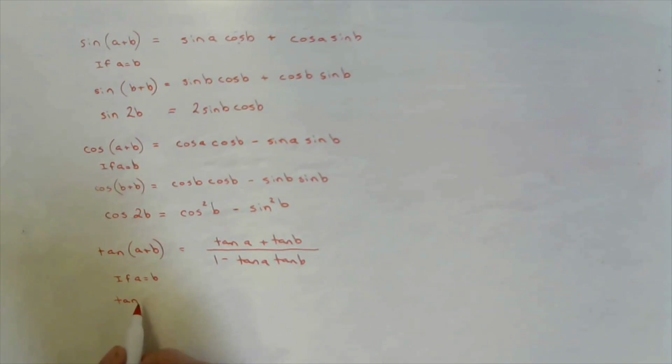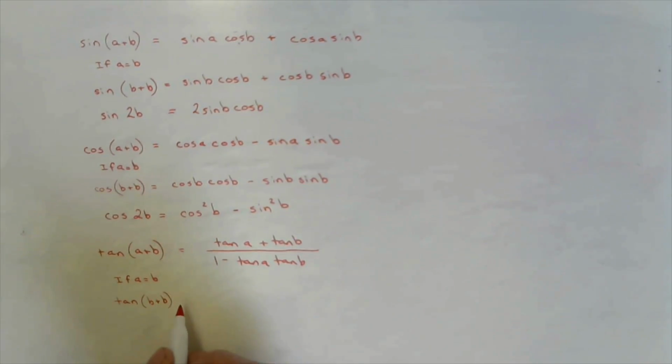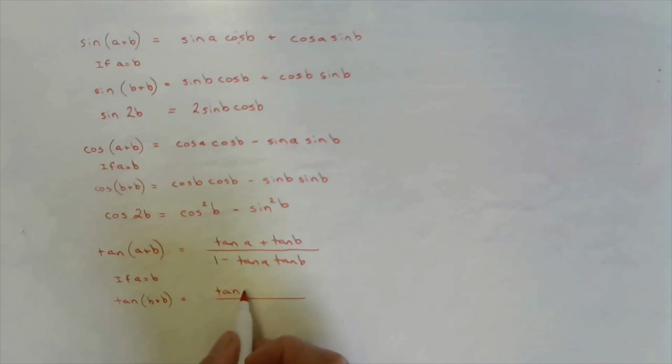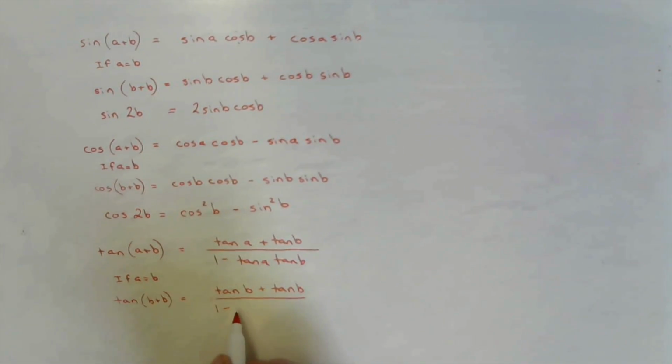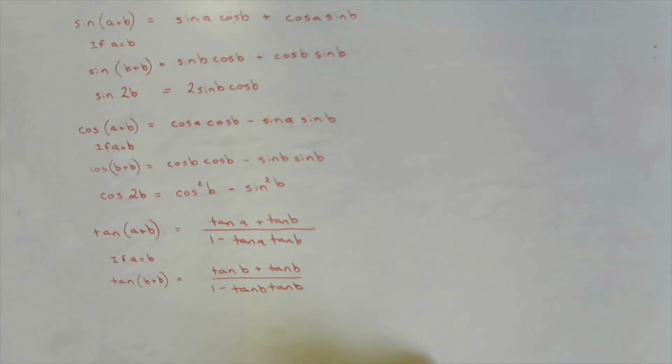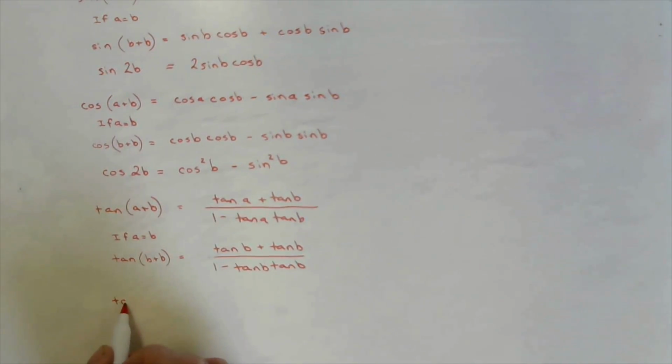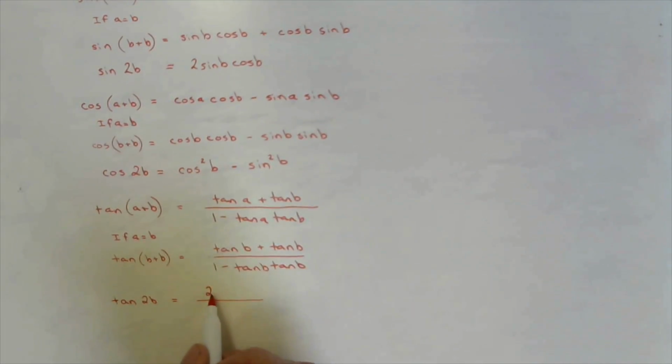Then you have tan of B plus B equals, and on the right-hand side, the tan of B plus the tan of B in the numerator, and the denominator is 1 minus the tan of B times the tan of B. To reduce that, on the left-hand side, you're left with the tan of 2B. And on the right-hand side, in the numerator, you have 2 tan B, and in the denominator, 1 minus the square of the tangent of B.